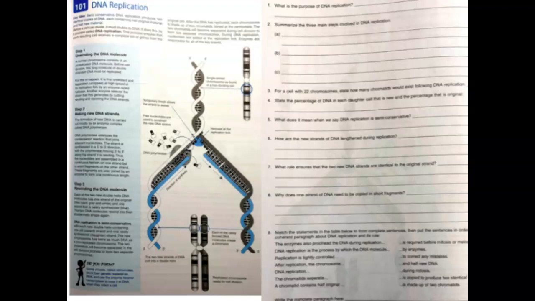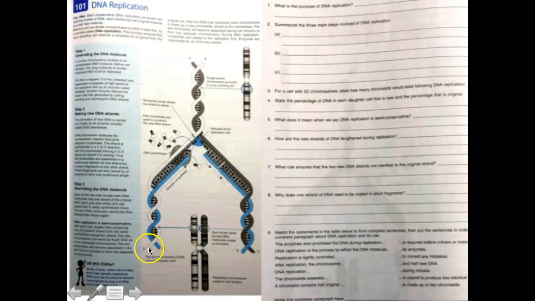So what has to happen is, as this strand unwinds, helicase is unzipping it. DNA polymerase will attach here, and it will synthesize this strand. And then it'll attach further down, and it'll synthesize another little fragment. And then it will attach further down, and it will synthesize another fragment.